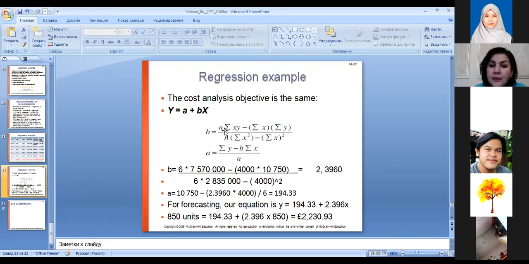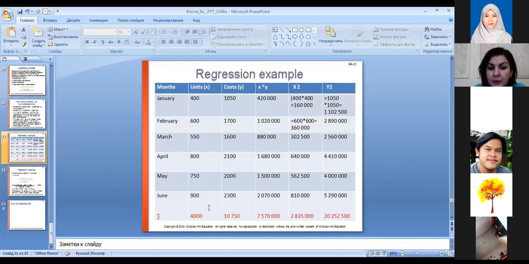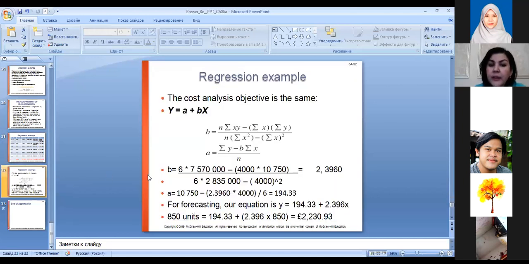What was the sum of XY? Let's go back to our table. Total sum of XY is 7,570,000.